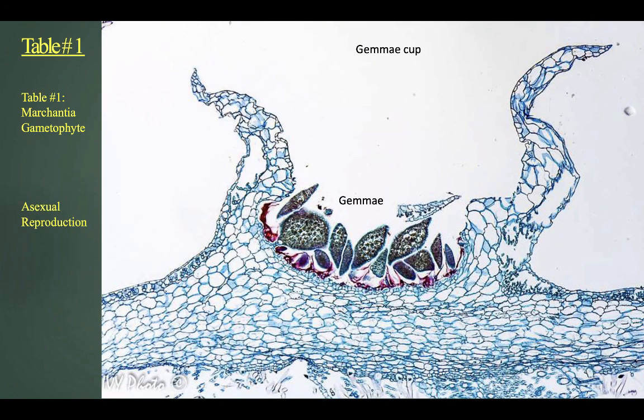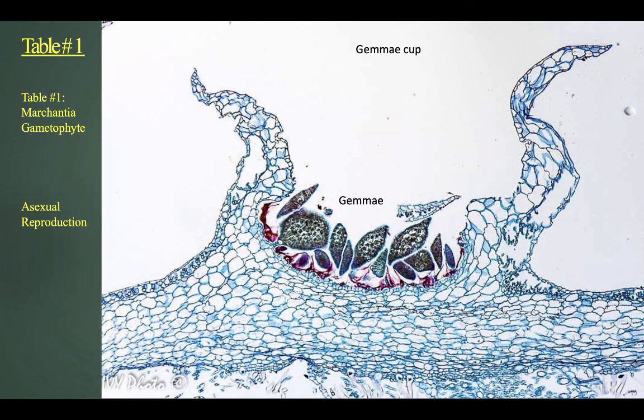They're going to ask you to label the gemma cup and the gemma, look at the microscope slide, and compare what you see in the slide with the figure below that they give you in the lab. And then you want to look at it, identify all the different parts, and know what's happening and identify those parts.